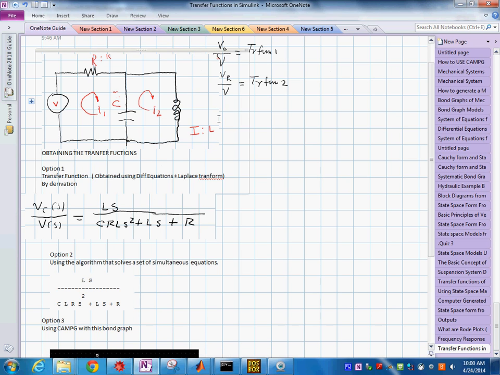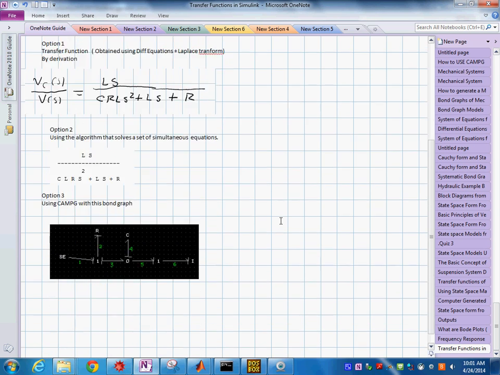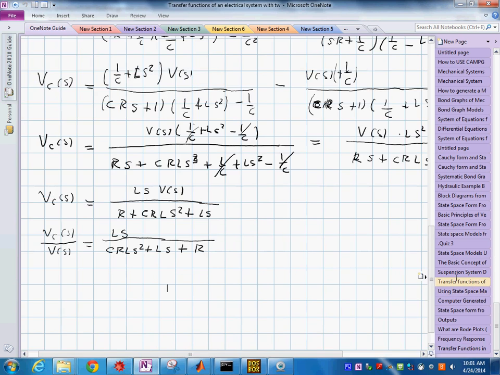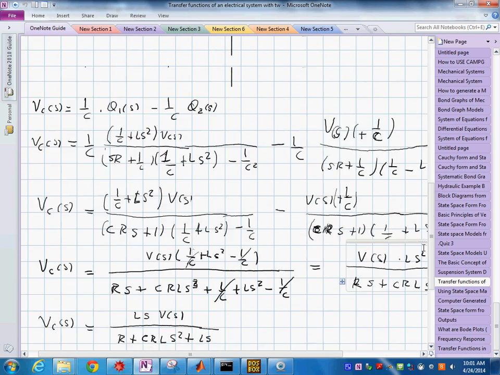Once we did this, we can directly use this result in Simulink. But I want to remind you of a couple of other options that you have, and that is to generate this in symbolic form using an algorithm that I had provided for you, a general algorithm that solves these two equations that we had up here.